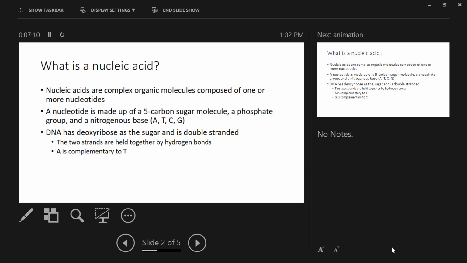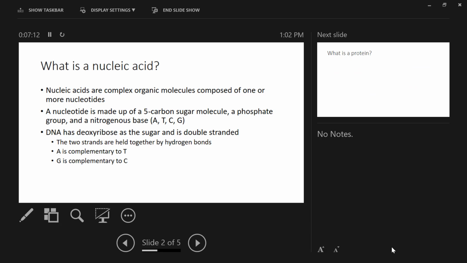G. C is complementary to G. So A's will form hydrogen bonds with T's across on the other strand, and G's will form hydrogen bonds with C's on the other strand of the molecule. And this is what holds the 2 strands together. These hydrogen bonds. Okay? And how do you break bonds? Somebody remind me from a previous class that we've had. How can you break a bond?